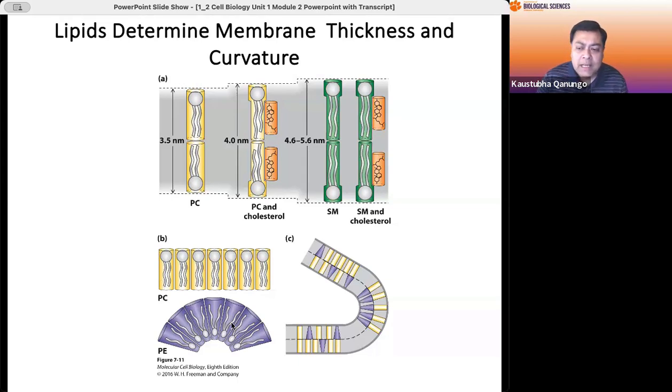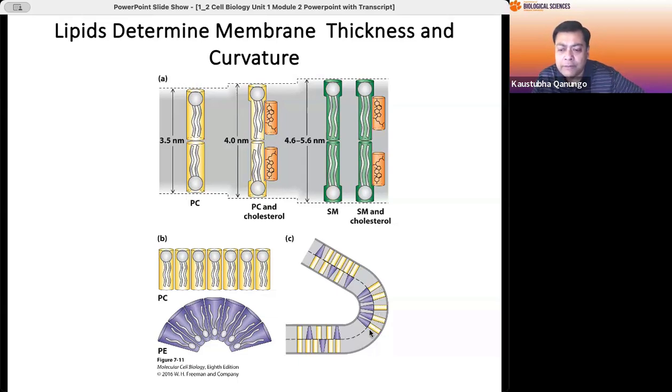Then you can see that phosphatidylethanolamine has a smaller head group, so the van der Waals envelope is to some extent conical. And this is your phosphatidylcholine. See how strategically the membrane asymmetry provides a roundish structure for the membrane.